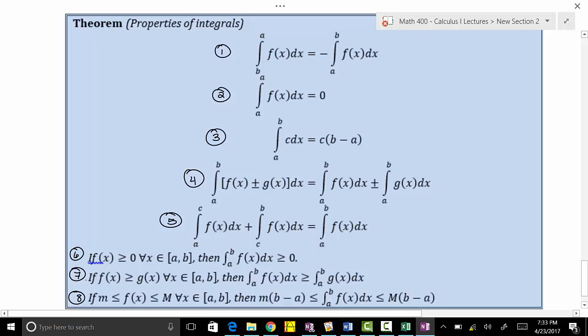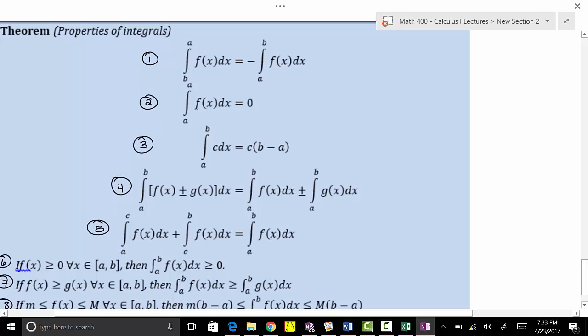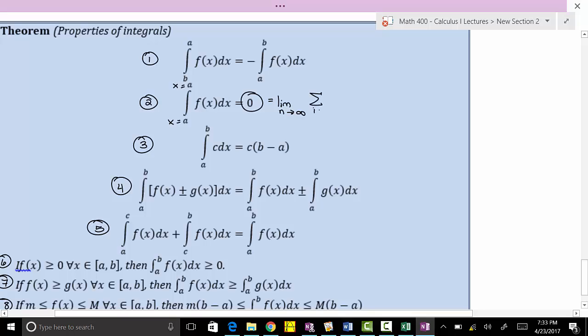Number 2. If you're going to add up the area underneath f of x, and you start at x equals a, and you end at x equals a, you have added nothing. So therefore, 0. That is fairly understandable. Another way you can think about that is that this is supposed to be the limit as n goes to infinity of the summation i equals 1 to n of f of x sub i times delta x.